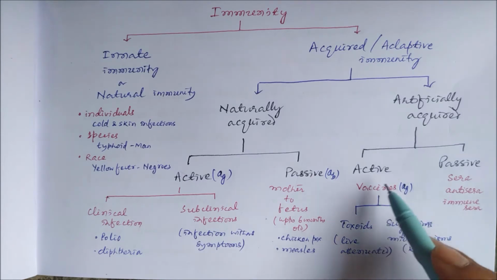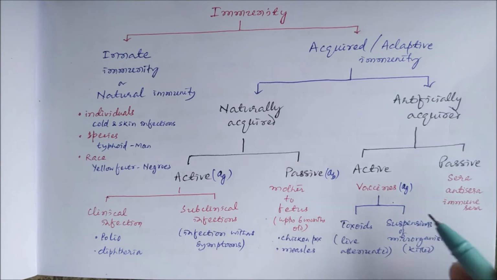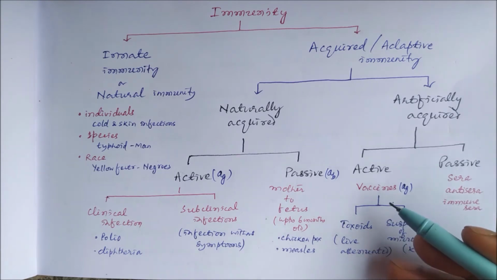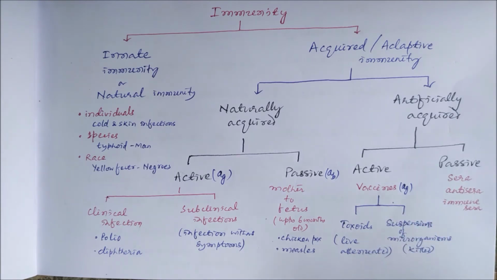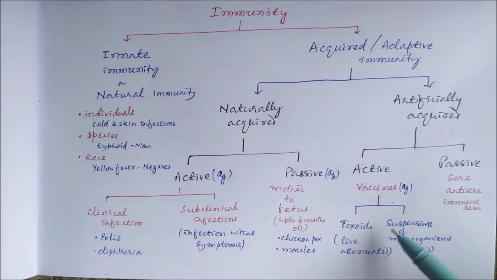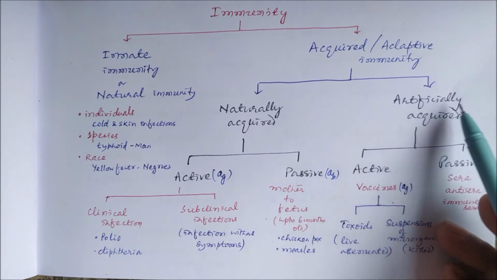When these vaccines are administered, our body develops antibodies against these antigens, so that when the actual disease-causing agent enters, our body is prepared with the antibodies, and it can recognize the antigen and immediately produce the antibodies to act against it. This is active immunity, and we develop it by administering vaccines, so it is artificially acquired immunity.